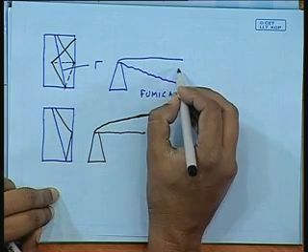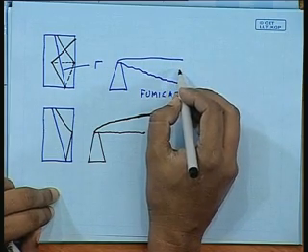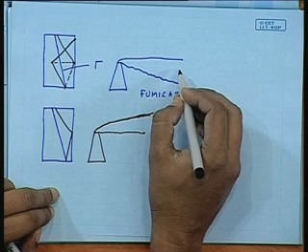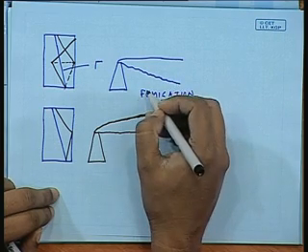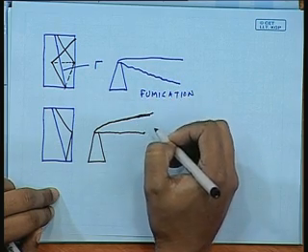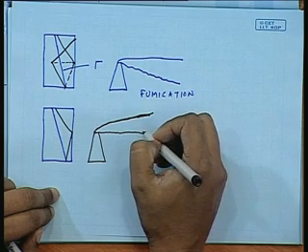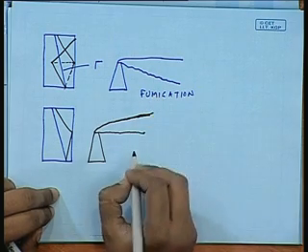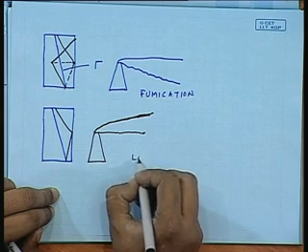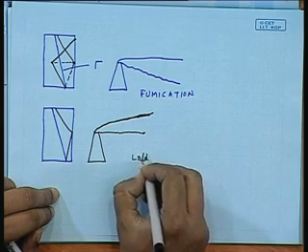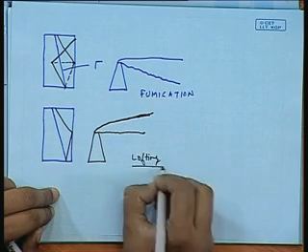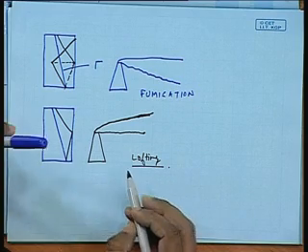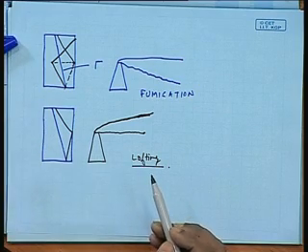Here it was denser than the atmospheric air, whereas here it is lighter than the atmospheric air present at that place. So it would be rising. This is generally called lofting.